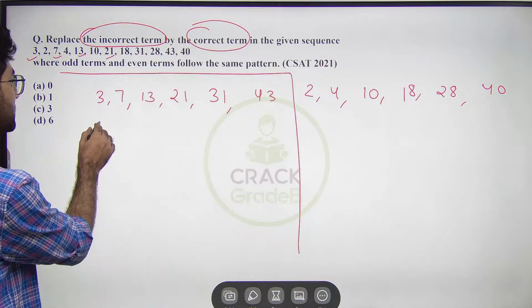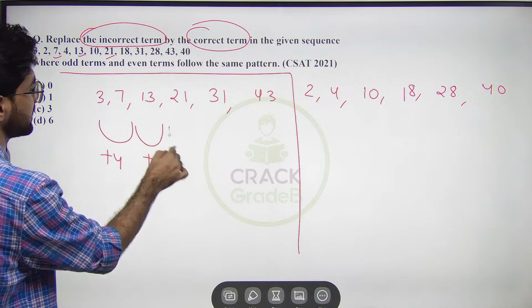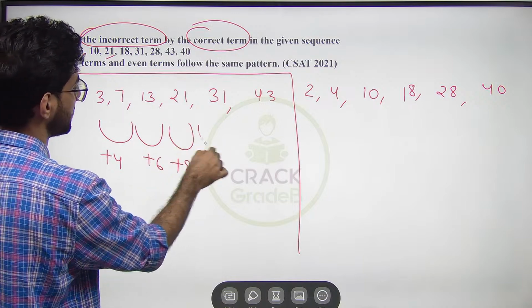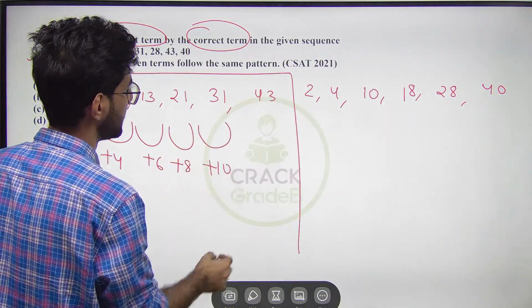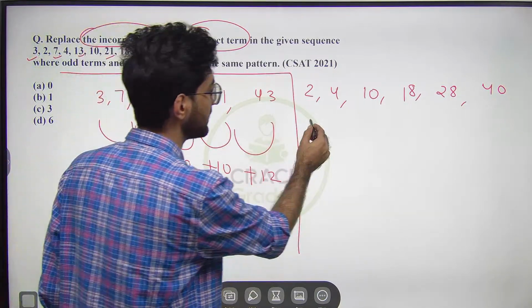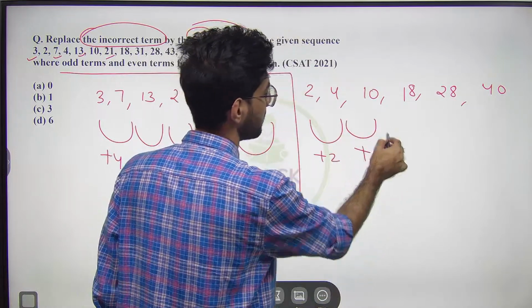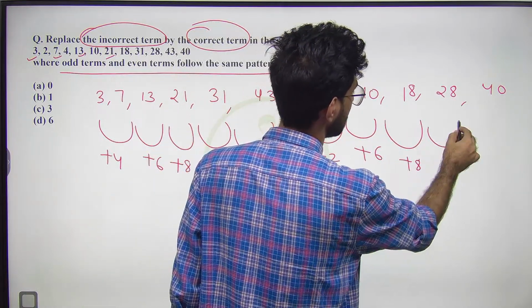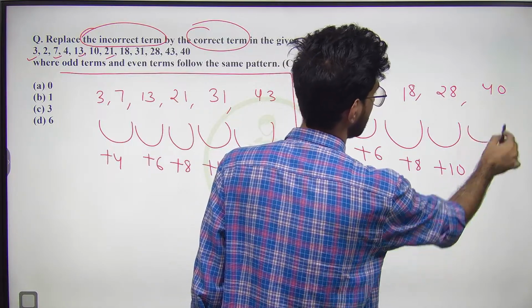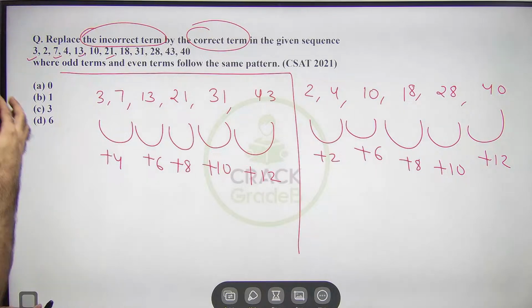So let us look at this part. 3 plus 4 is 7, 7 plus 6 is 13, 13 plus 8 is 21, 21 plus 10 is 31, 31 plus 12 is 43. Similarly, 2 plus 2 is 4, 4 plus 6 is 10, 10 plus 8 is 18, 18 plus 10 is 28, and 28 plus 12 is 40, right?